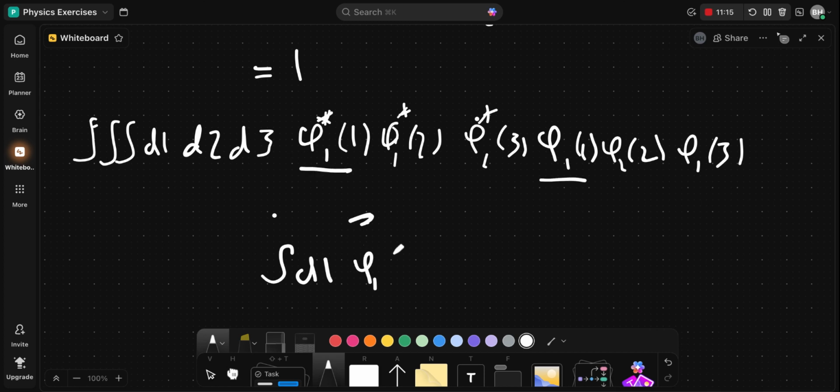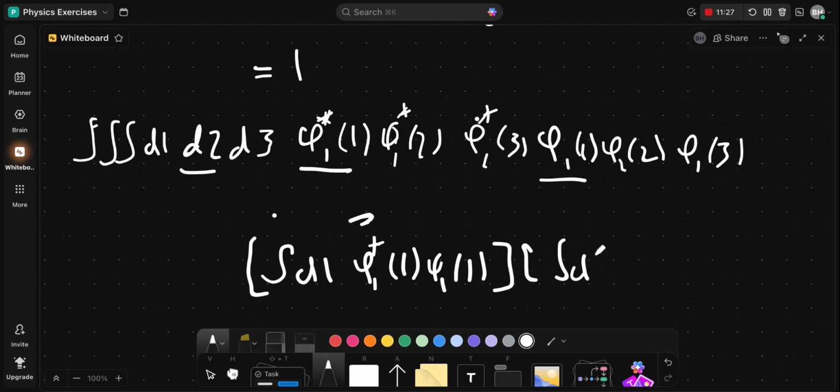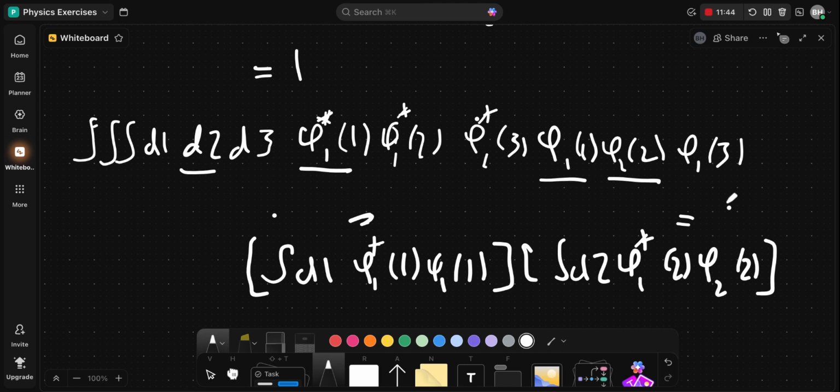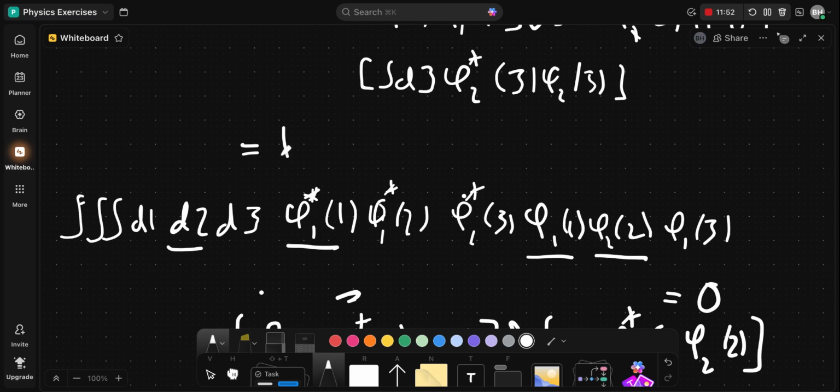That's just 1. But for the other two, the integral over d2, you're going to get phi 1 star 2 and phi 2,2. And we said that these are orthogonal functions, so this actually gives us a 0. We don't have to work any further. So we get 0 out of the cross terms.